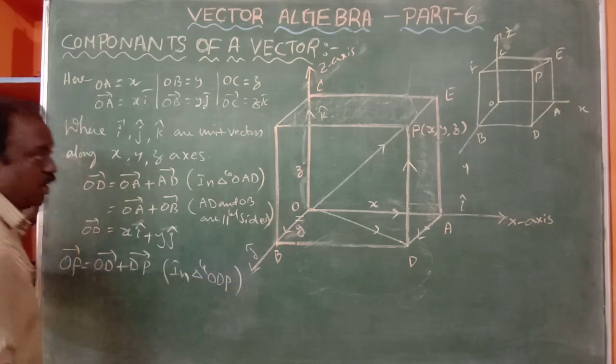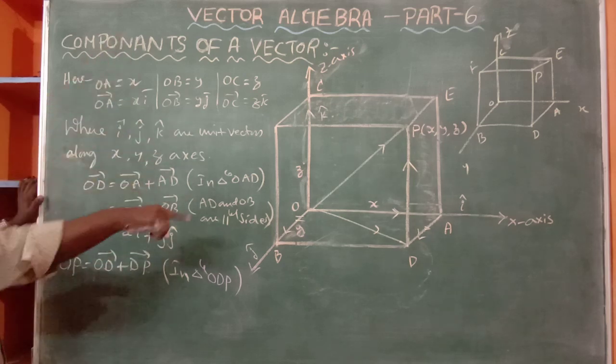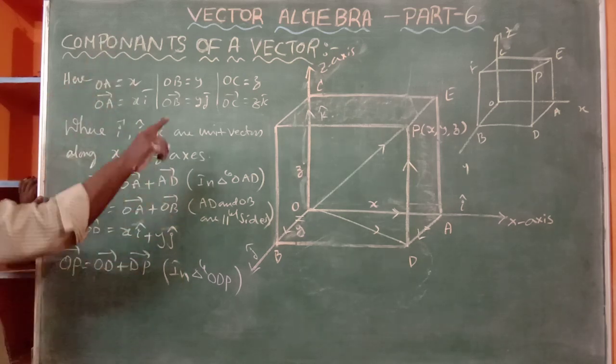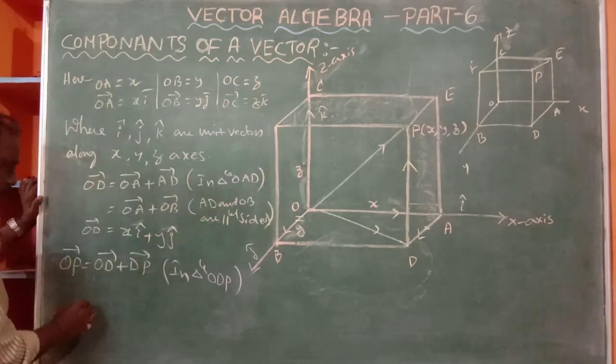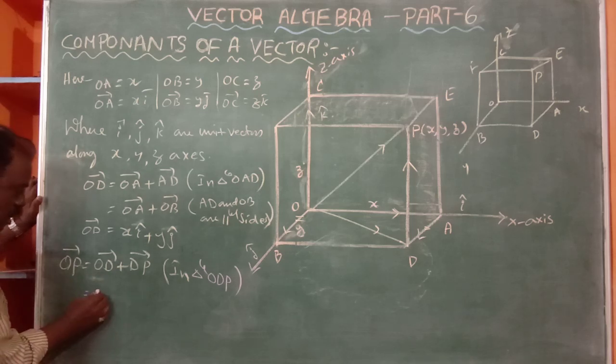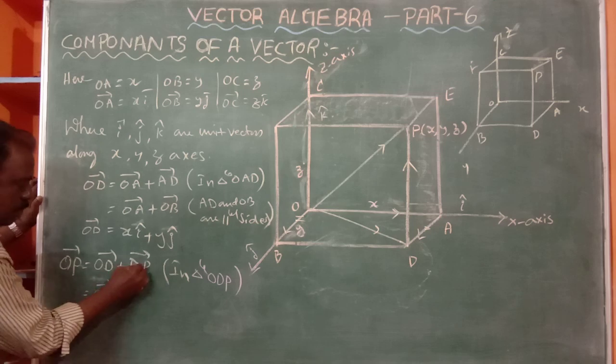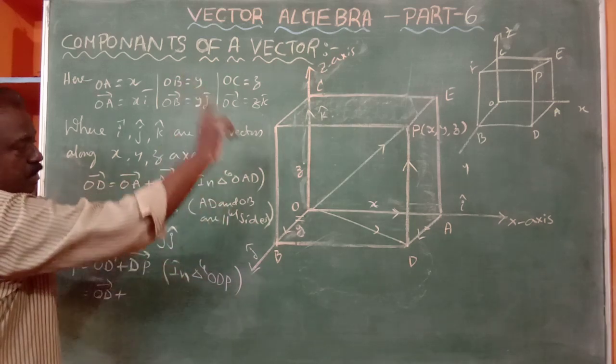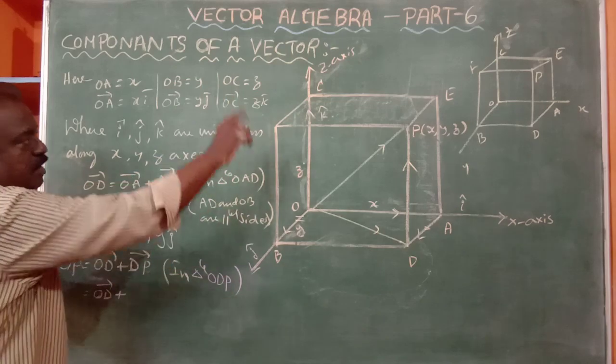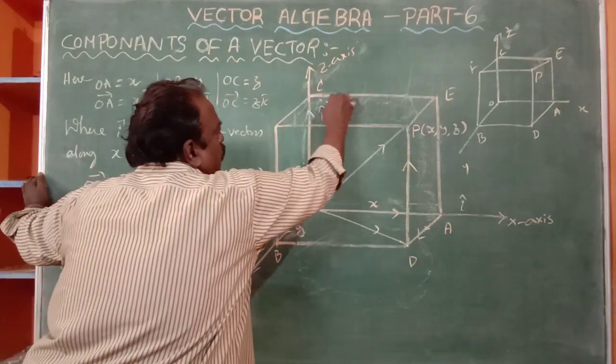In the triangle ODP, see there, OP bar is OD bar plus DP bar. What is OD bar? First we write once again, OD bar plus DP bar.